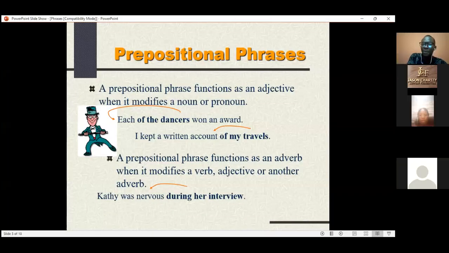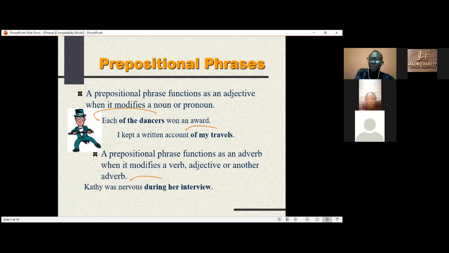Telling us more about her nervousness, the reason she was nervous or when she was nervous. So this prepositional phrase there is functioning as what? An adverb.